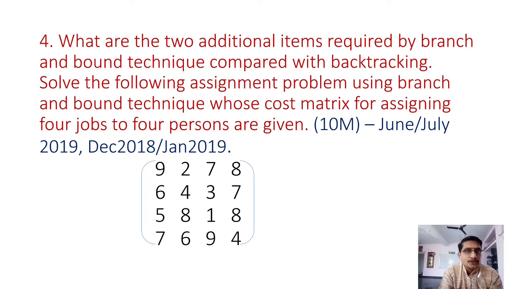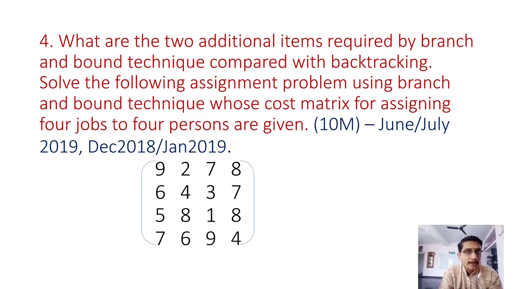And the fourth question is: what are the 2 additional items required by the branch and bound technique compared with backtracking? This is very important. And the second part of this question is: solve the following assignment problem using the branch and bound technique, whose cost matrix for 4 jobs and 4 persons is given.